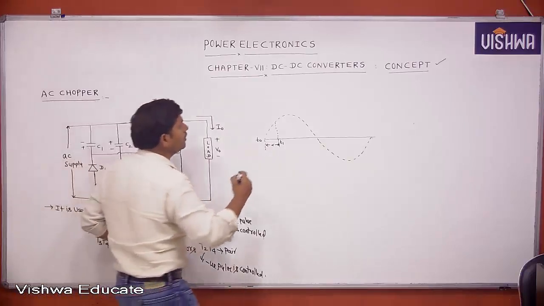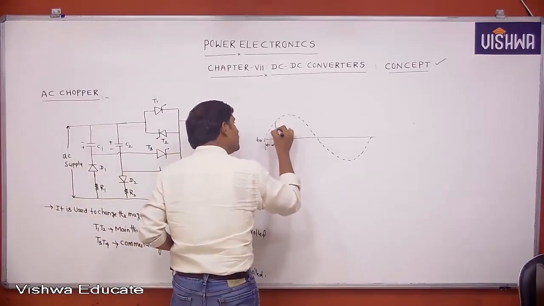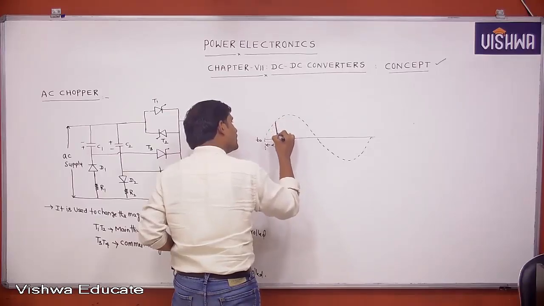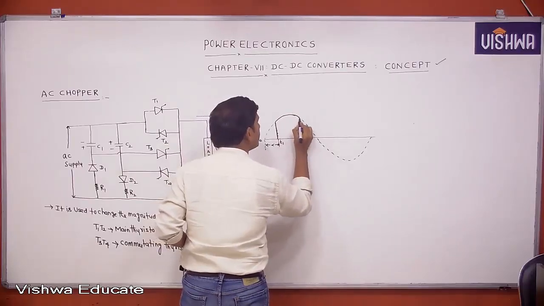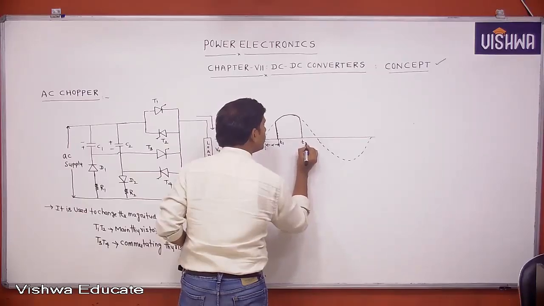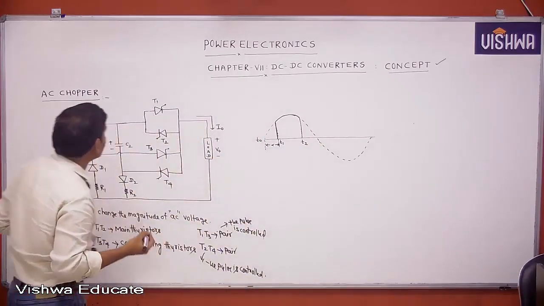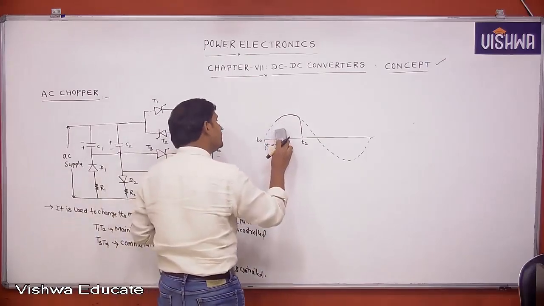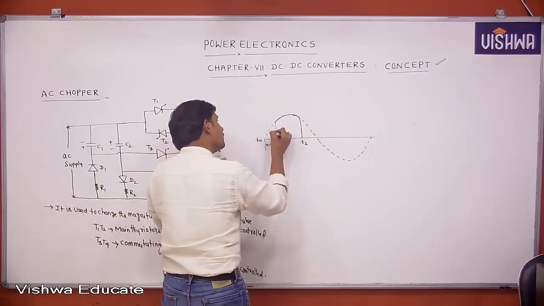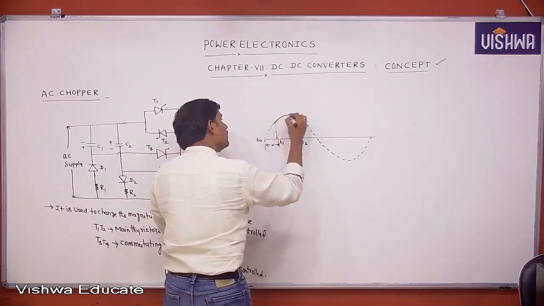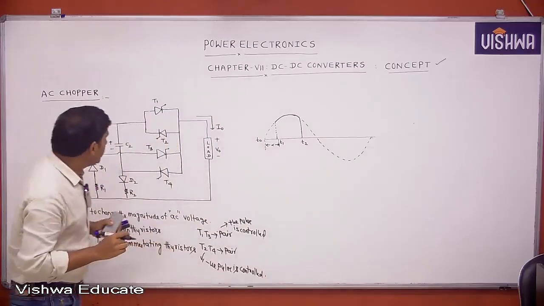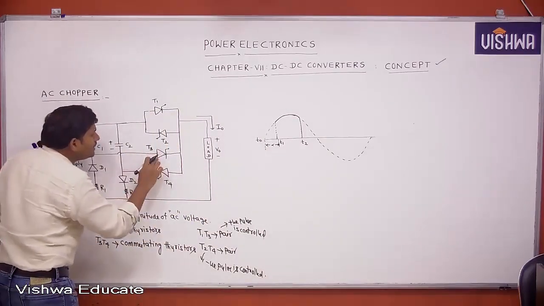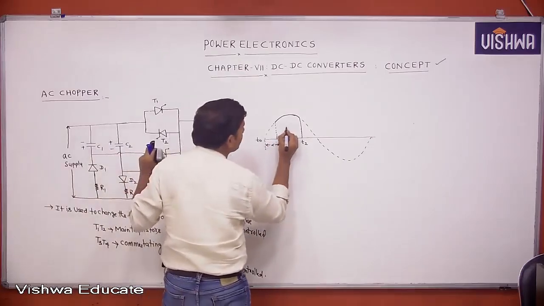Now at the T1 instant we trigger the T1 thyristor and it supplies positive current. Then at the T2 instant, whenever the T3 thyristor is triggered, T1 is conducting.